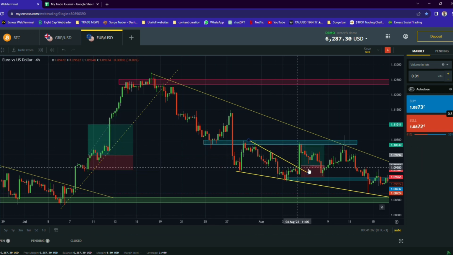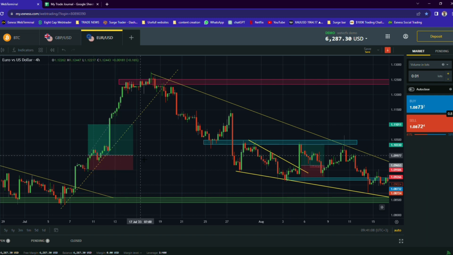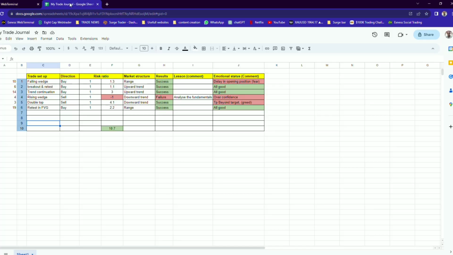This will help you focus on the better trades, and at some point you can even just abandon the difficult trades on your side, and you focus on only those that work better for you. So this is how a trading journal will help you improve trading in your journey.